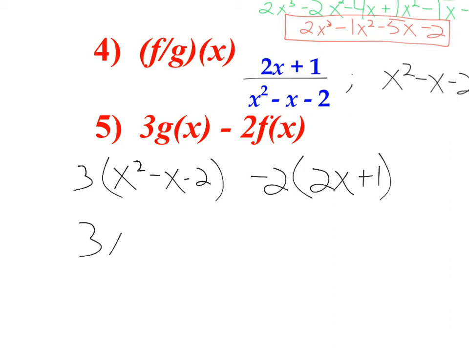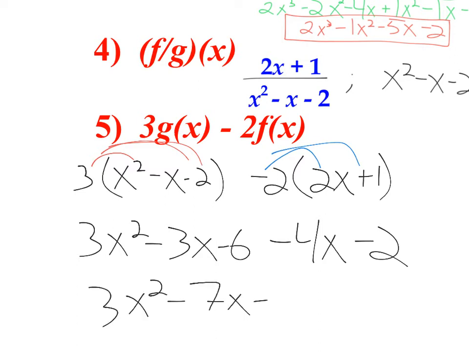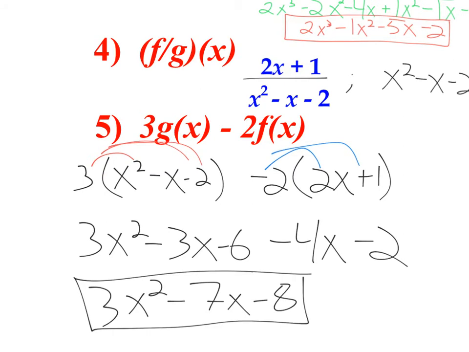So this would be 3x squared minus 3x minus 6, and then negative 4x minus 2. And again, all I'm doing is just distributing into parentheses here. Now let's combine our like terms. We've got 3x squared minus 7x minus 8, and we're done. How fun.